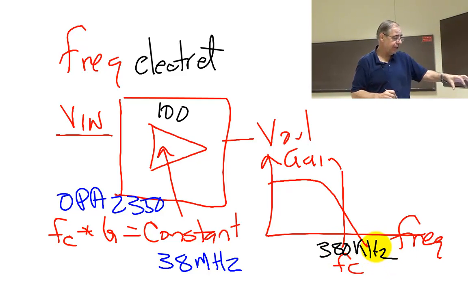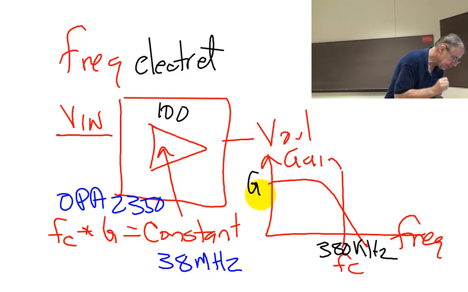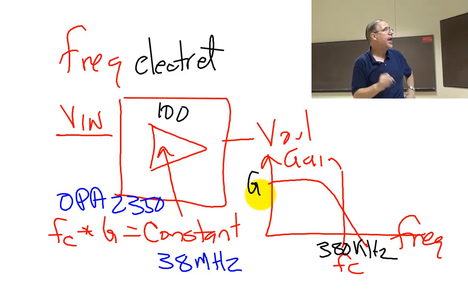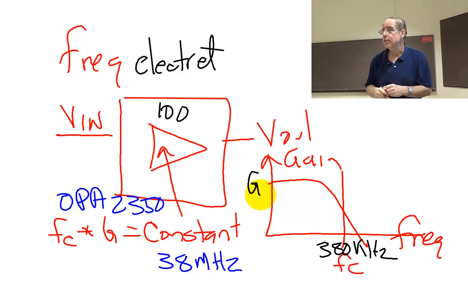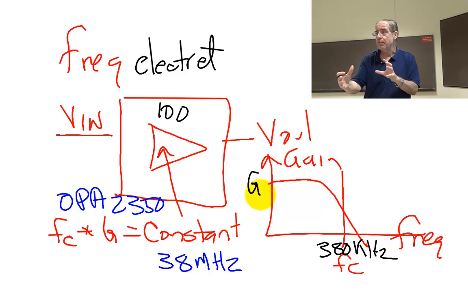So it's the gain of the circuit at DC. Is that a better answer? The gain at DC times the bandwidth is equal to a constant. And that constant is a function of the op amp. And again, if you want more, buy a better op amp.